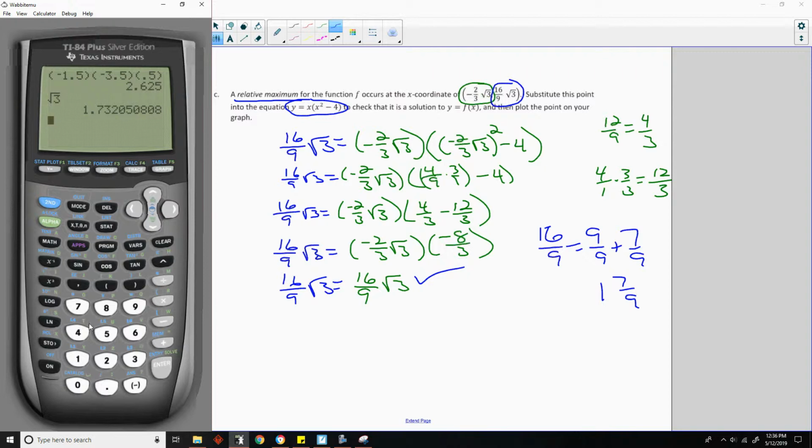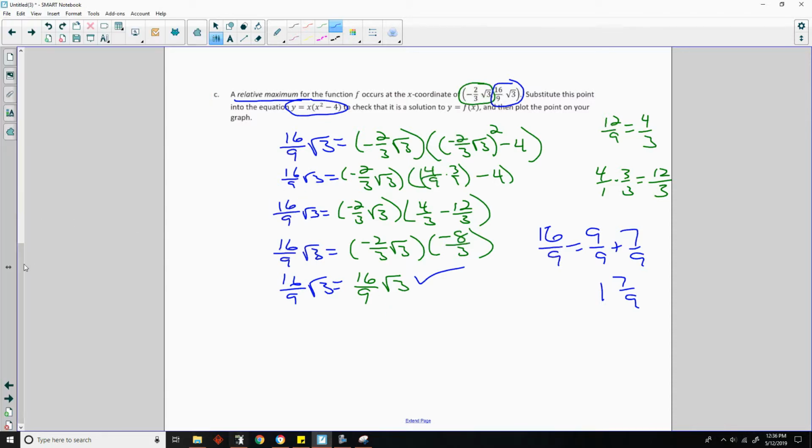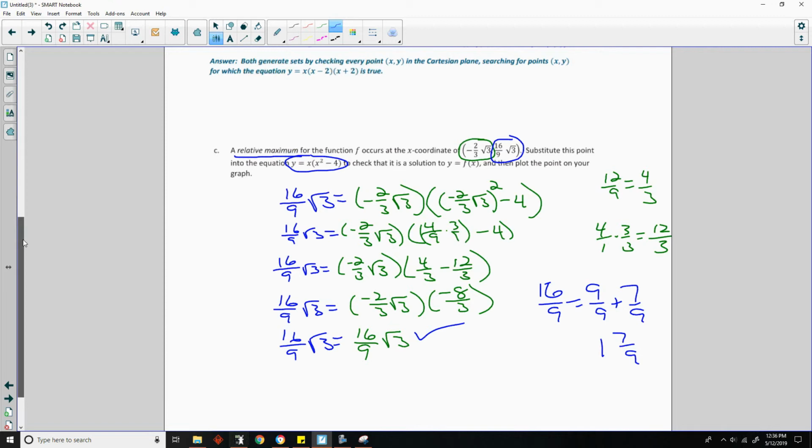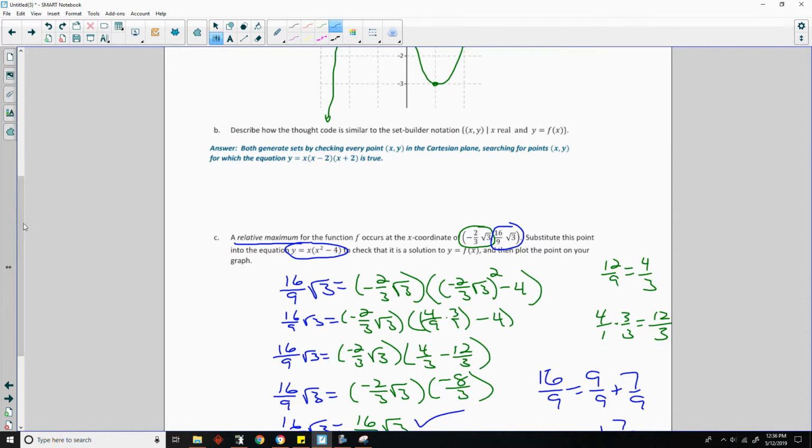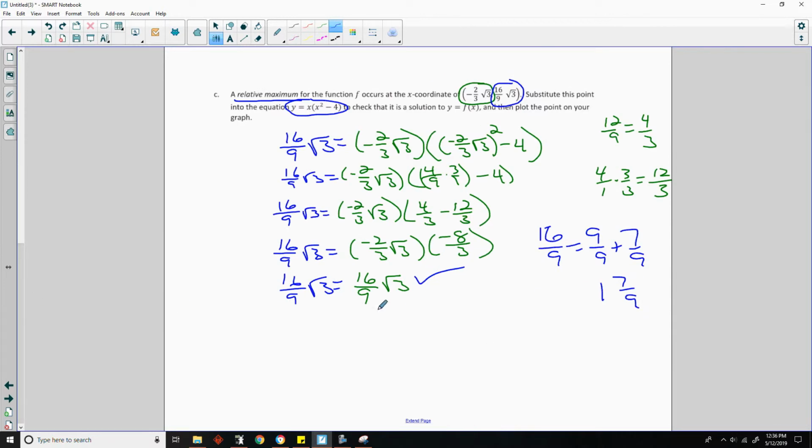If I just put the whole thing in my calculator, 16 divided by 9, I forgot my parentheses. I always want to put fractions in parentheses. 16/9 square root 3 is 3.07, a little bit more than 3. And that is our y. So y is approximately 3.07.